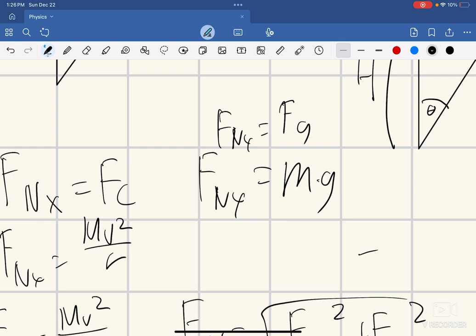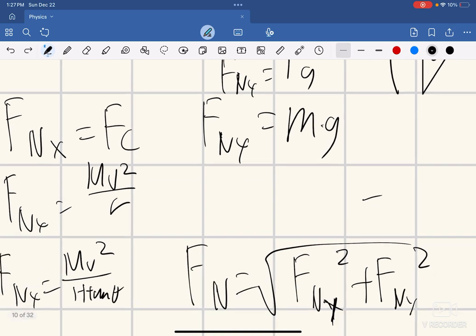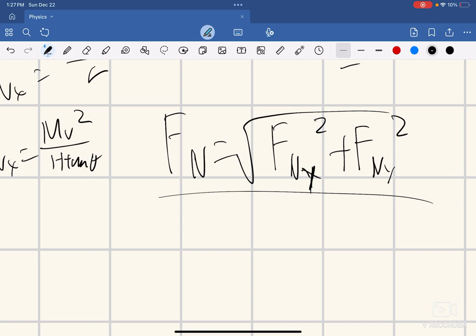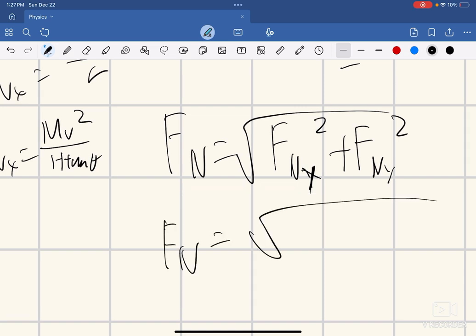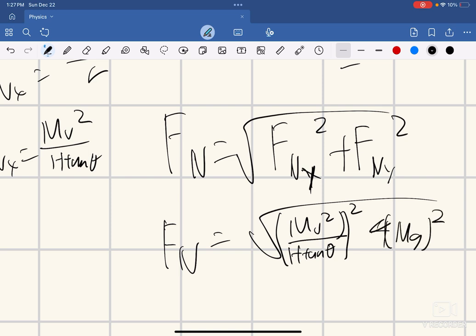So these two forces act against each other to make zero, therefore they're equal to each other, and we just found Fn of y is equal to mass times gravity. So we just plug that into this function, and we get Fn is equal to the square root of (mv squared over h tan theta) squared plus (mg) squared.